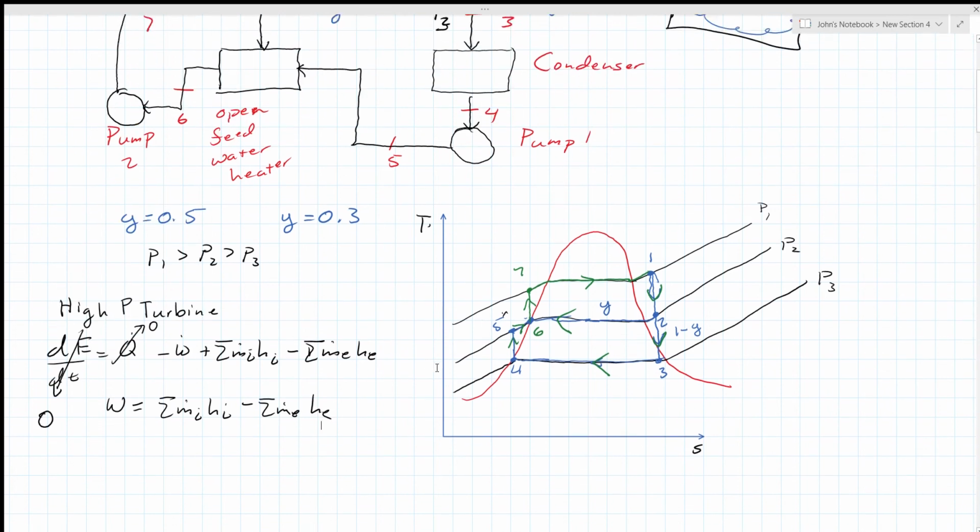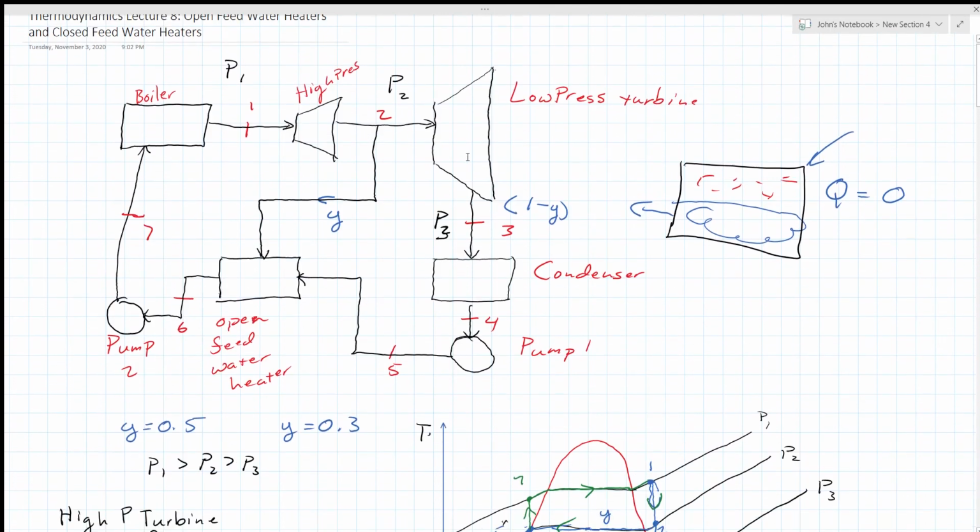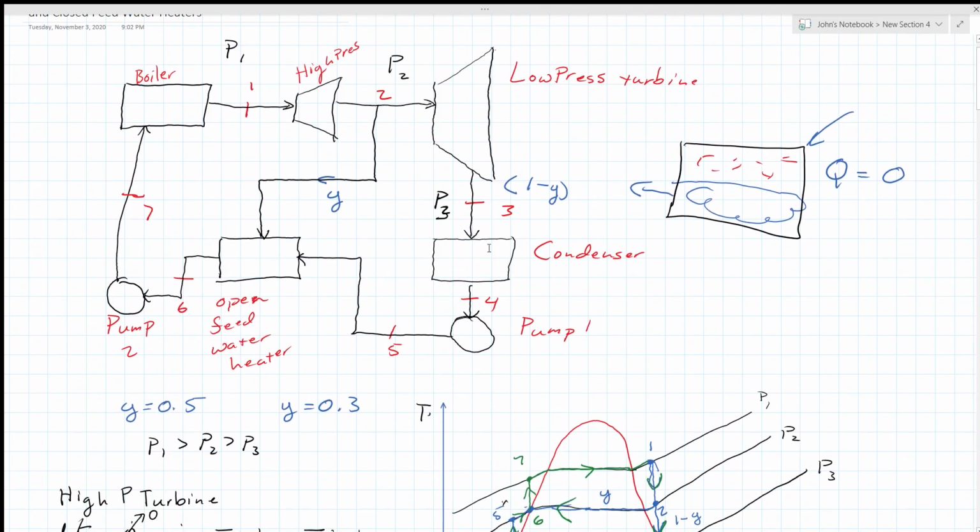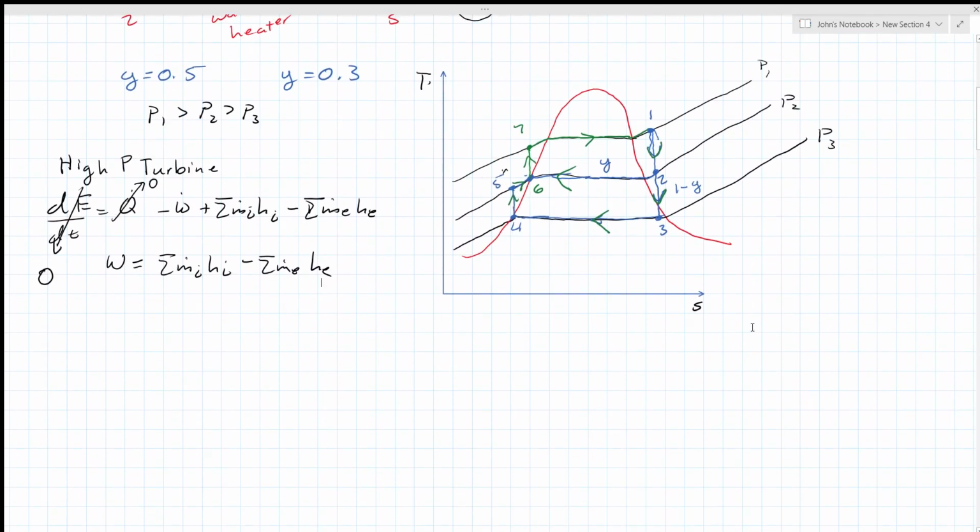Here I have one inlet and one outlet, so both have the same mass flow rate. So work for the high pressure turbine is m dot times H1 minus H2.